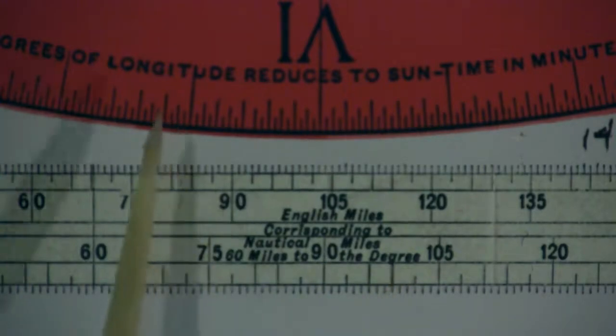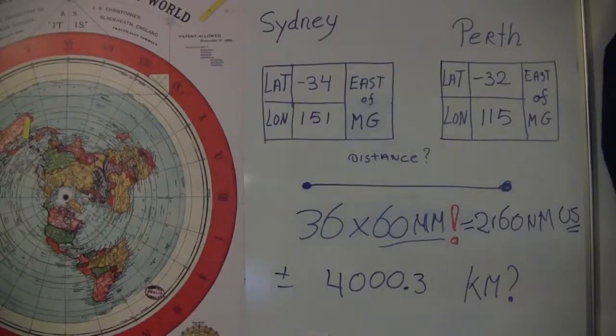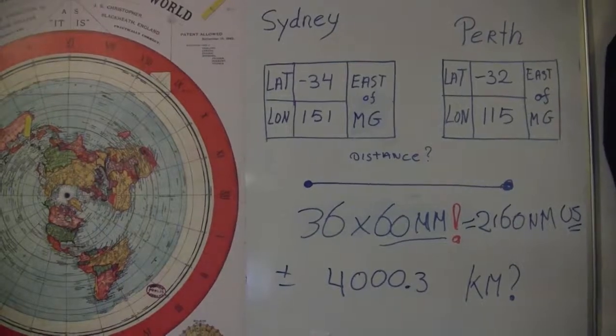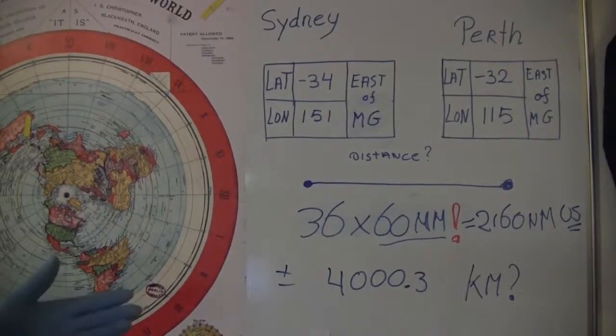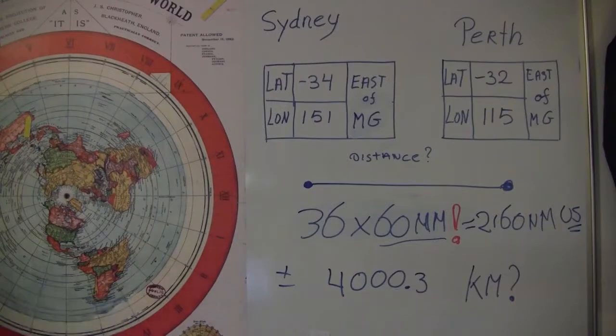It means each degree is in reality 60 nautical miles. So the total distance between Sydney and Perth is 2,160 nautical miles, and we need a modern conversion to convert it to kilometers, and that's approximately 4,000 kilometers.